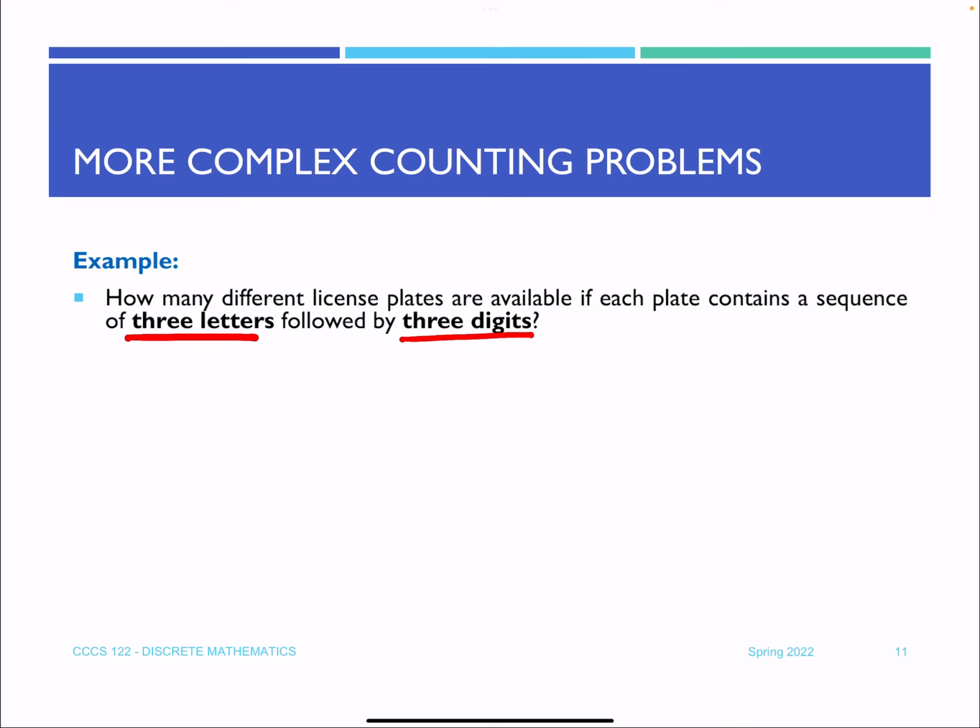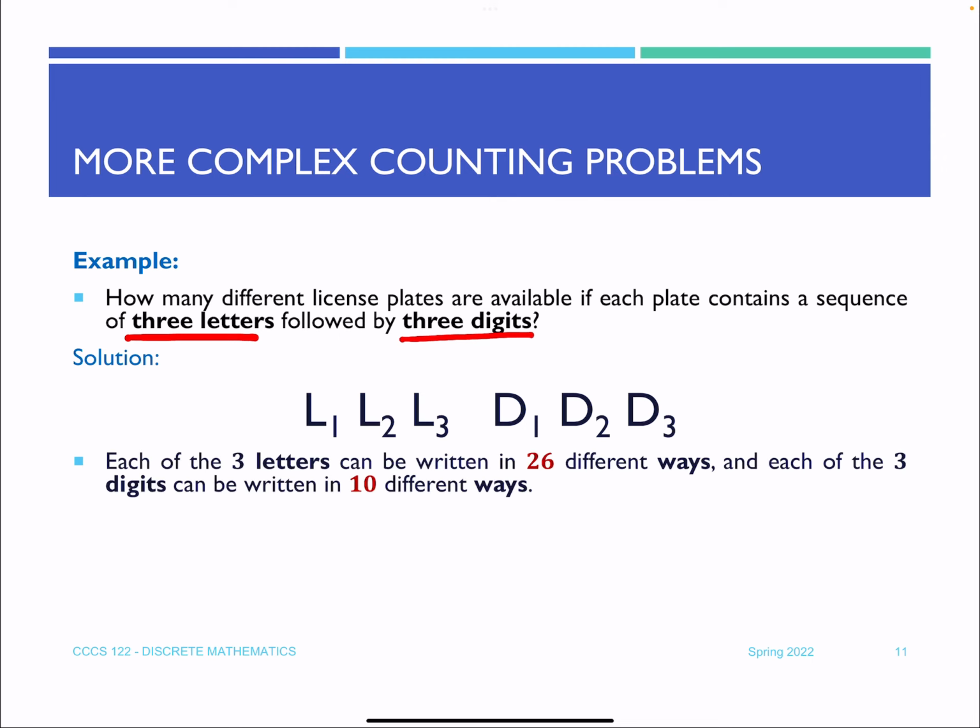Each letter can have 26 different characters in it. Each digit can contain one of 10 different digits in it. So that means how many options do I have? 26 options, 26 options, 26 options, 10, 10, and 10 different options.